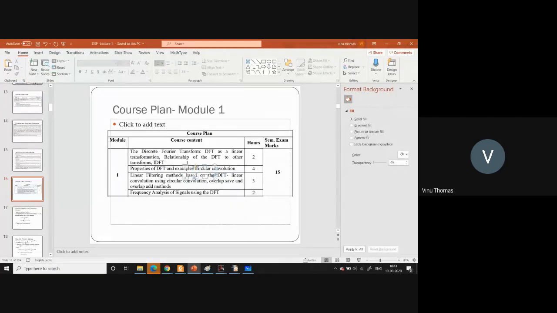So, except for relationship of the DFT to other transforms and frequency analysis of signals using DFT, we have discussed the rest of the sections for module 1. We will revisit these sections after seeing the parts of module 2, that is after discussing the fast Fourier transforms. Then we will come back to this section.